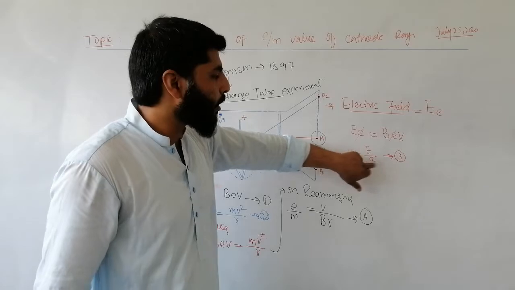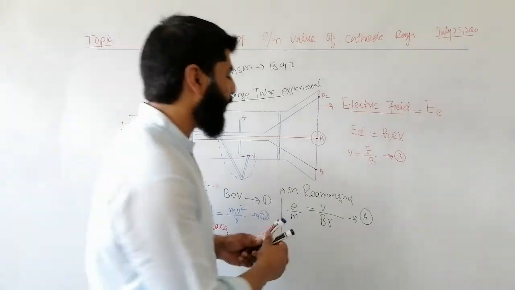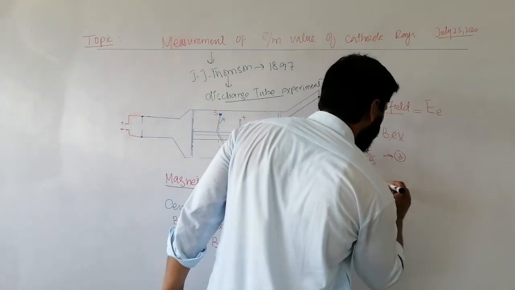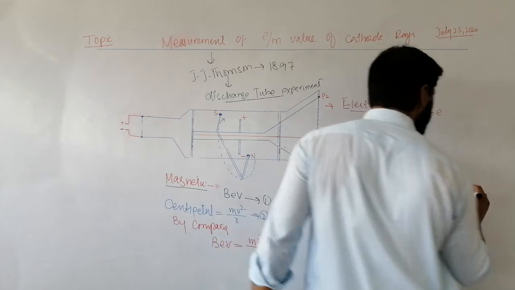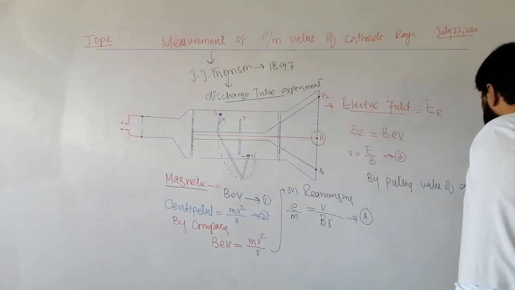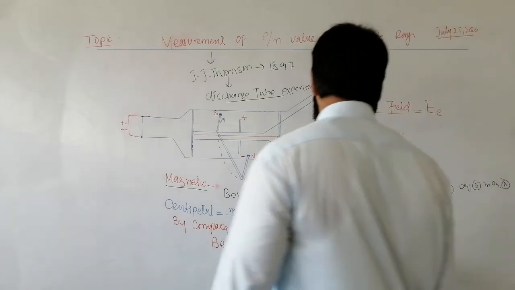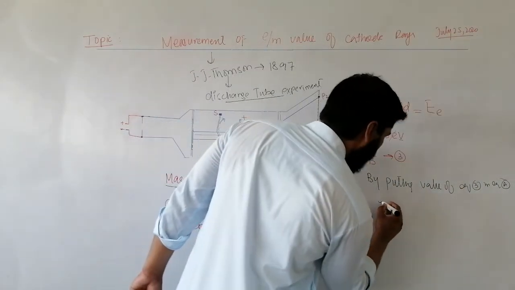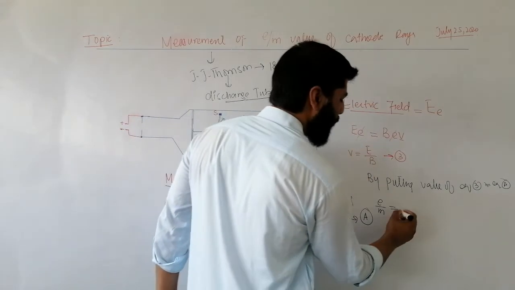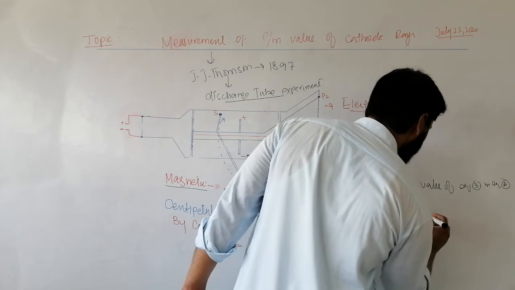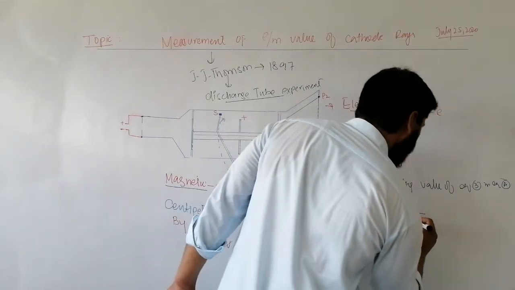Now, by putting the value of V from equation 3 into equation A, we will get e over m is equal to E upon B into BR.